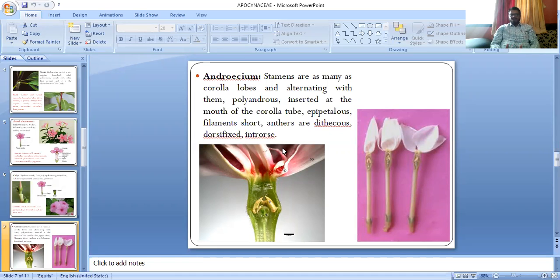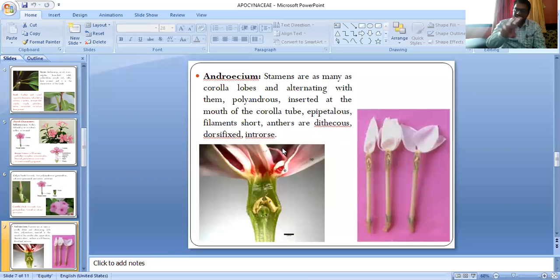Then anthers are dorsifixed and dithecous. Dorsifixed means the filament is attached to the back of the anther. So in the members of family Apocynaceae, anthers are dorsifixed.